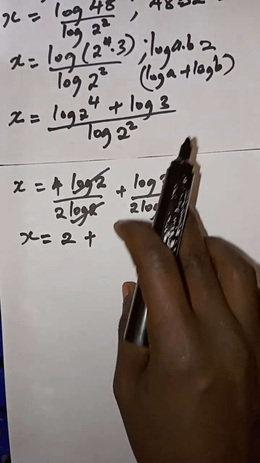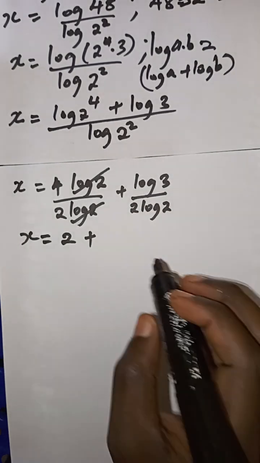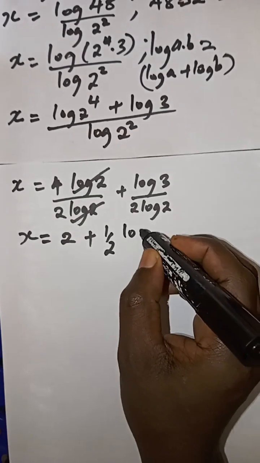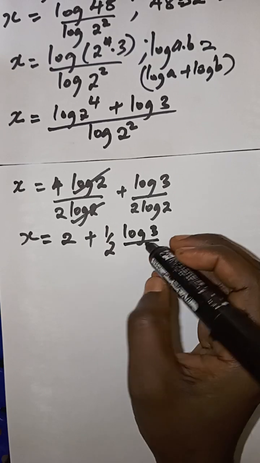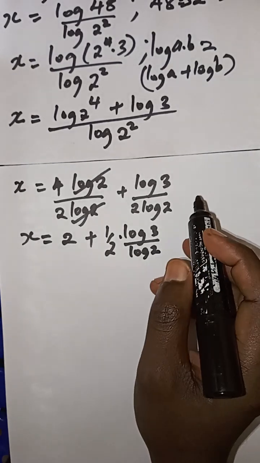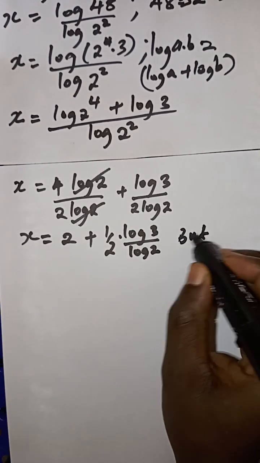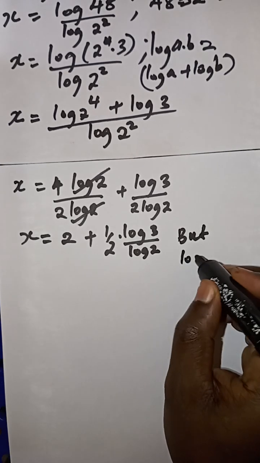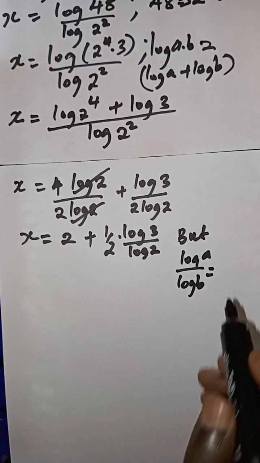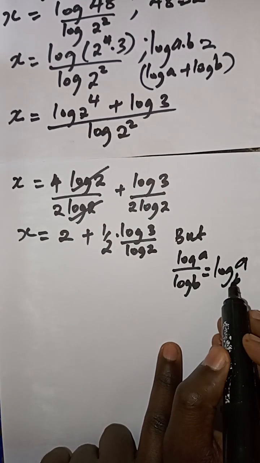plus, if you come to this at the end, it is easy to see that my equation will change to a half log 3 divided by log 2 if I separate it like that. But wherever you have the log of a divided by the log of b, this can be re-expressed as the log of a to the base of b.